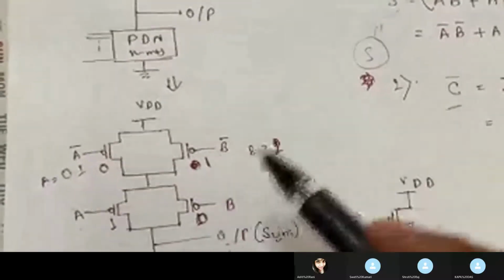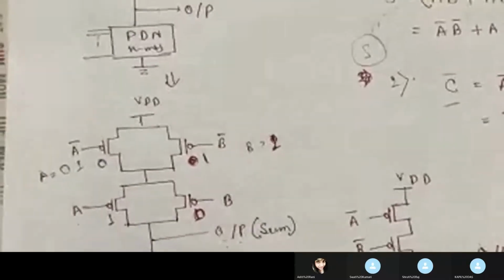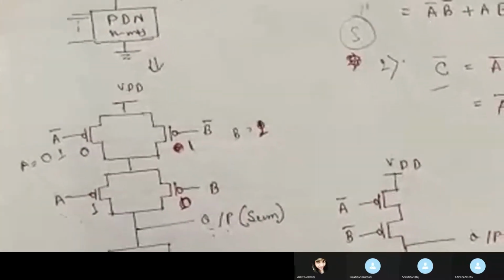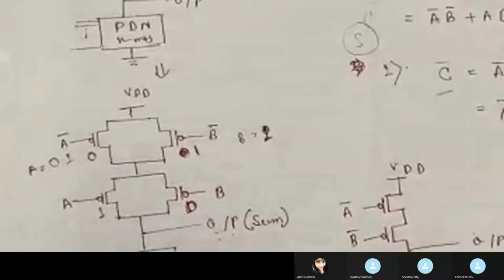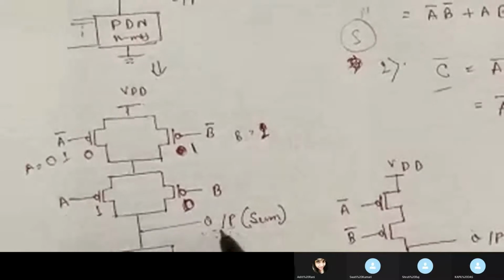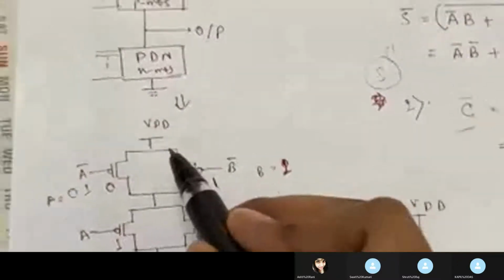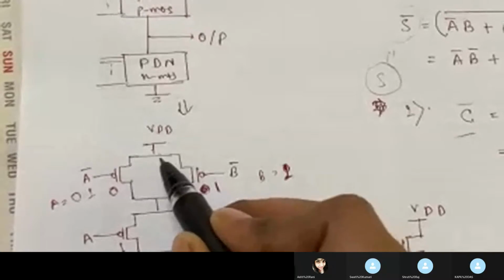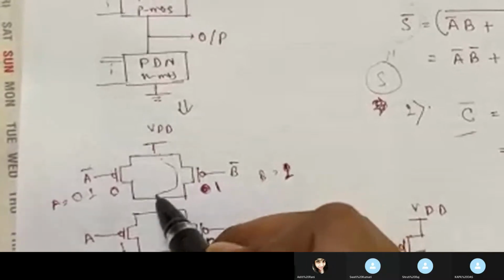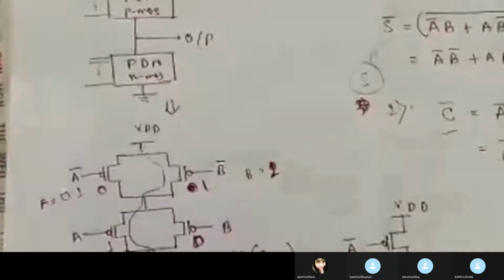In the case of the pull-up network, first come to the pull-down network. In the pull-down network, it is 1 0 0 1. So one is on, the other is off, one is on, the other is off, and both are in series connection. So no direct connection is established between the output and ground. But in the case of the pull-up network, you can see how the connection has been established from this part. Coming to this, from here it is connected to output.